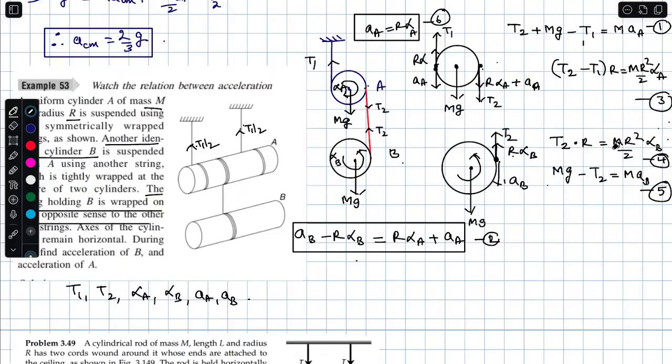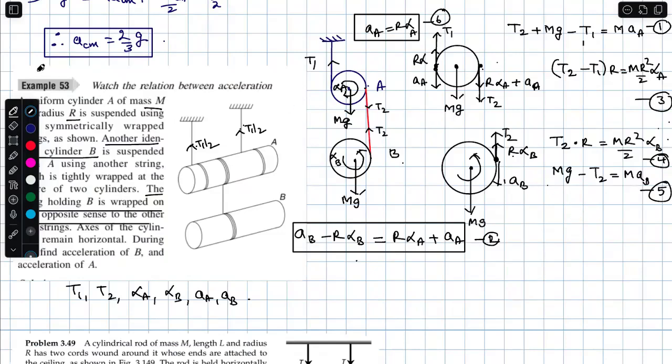You can get T2 from here. So here, finally you substitute this particular thing. That's all. AA is equal to R alpha A. I have concluded here itself. So unknowns T1, T2, alpha A, alpha B, AA, AB, 6 equations are available. You better solve this, you'll get the answer.